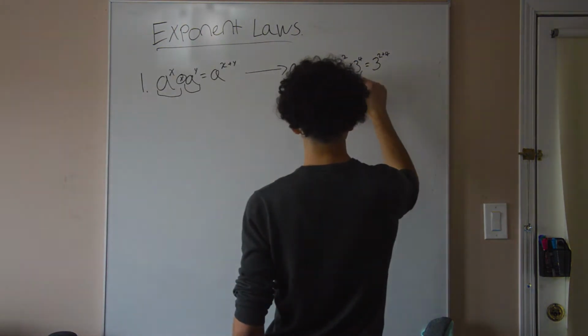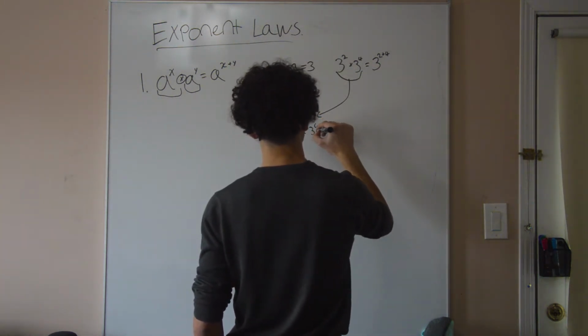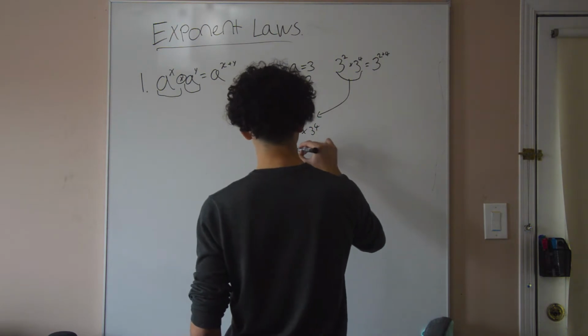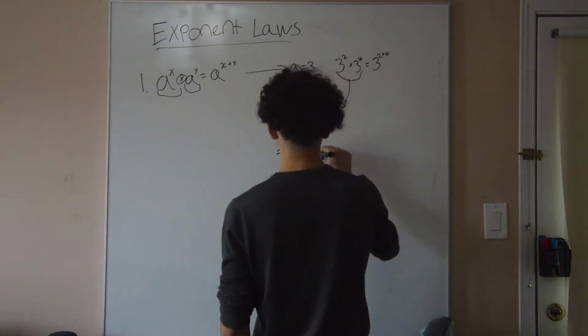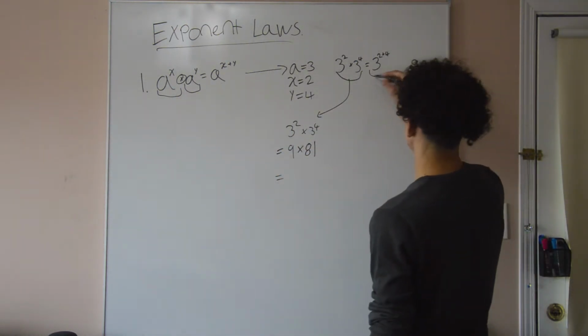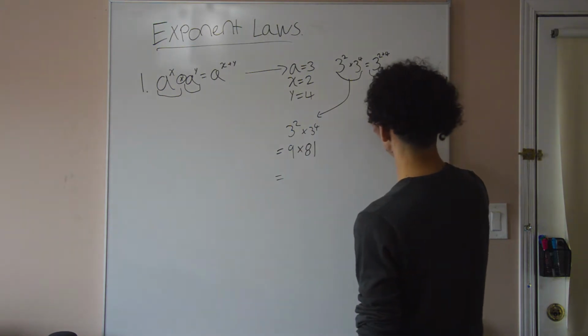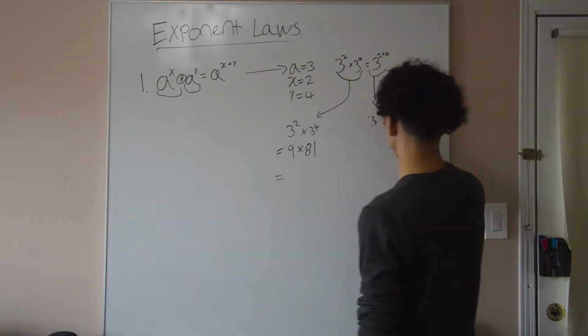If we take a look at just this side right here, 3 squared times 3 to the power of 4. 3 squared becomes 9, and 3 to the power of 4 becomes 81. I'm going to leave it at that, and we're going to take care of the other side now. This becomes 3 to the power of 2 plus 4, so 3 to the power of 6.